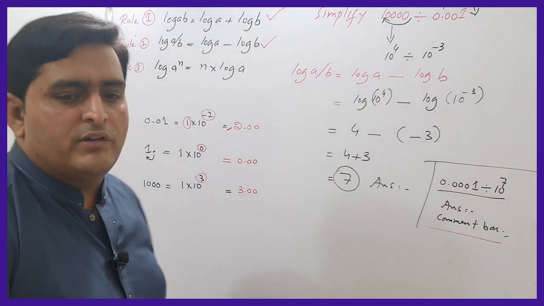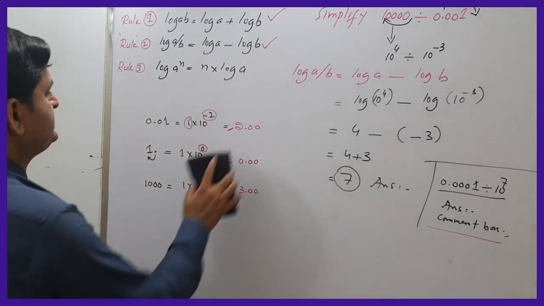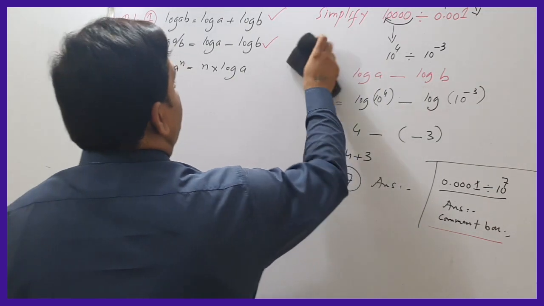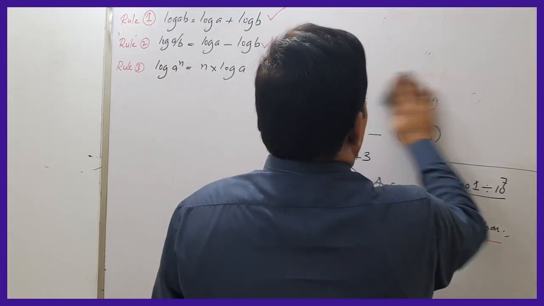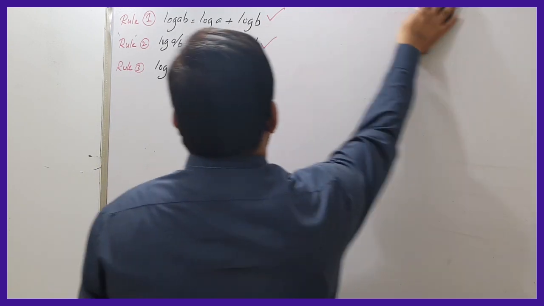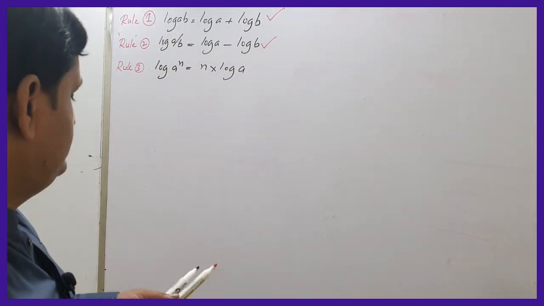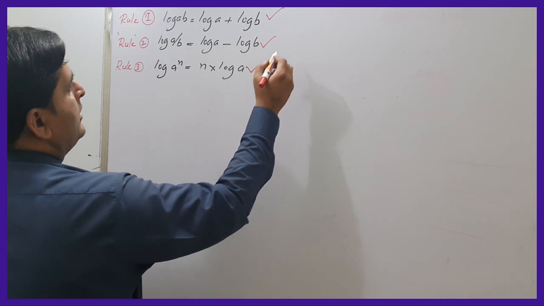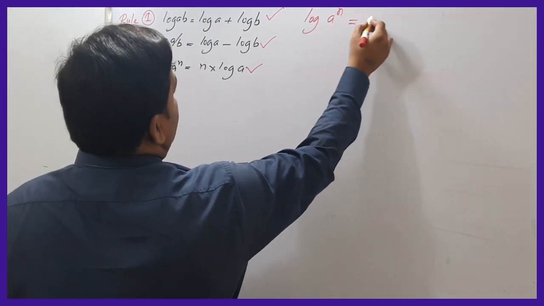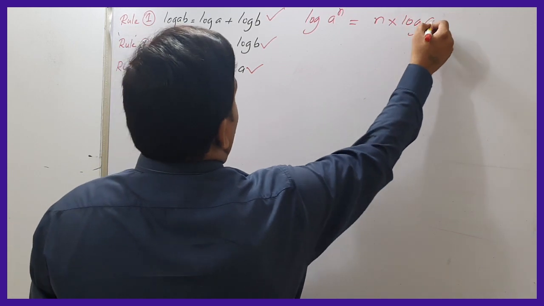We are going towards rule number 3. What does it say? Rule number 3 is log a power n is equal to n into log a.